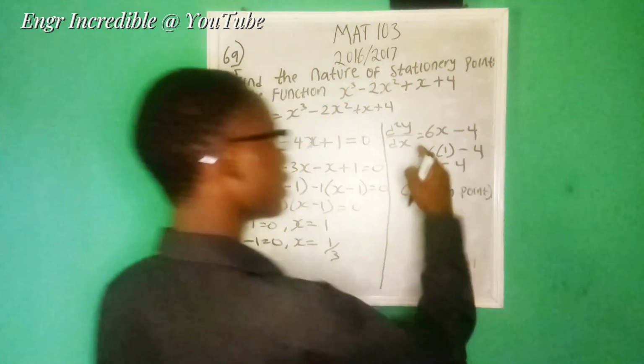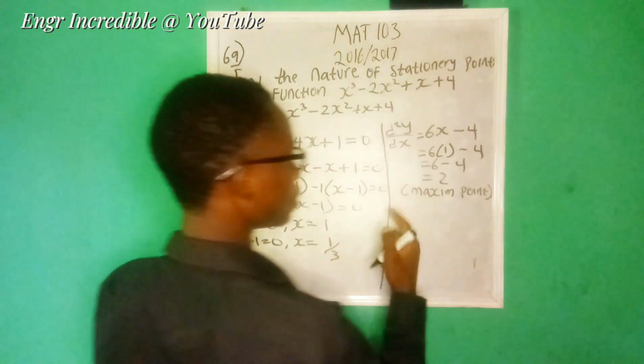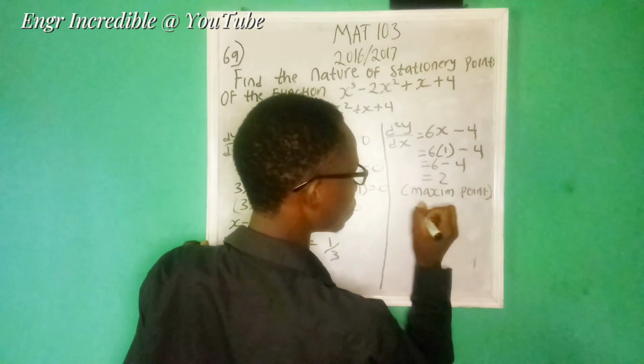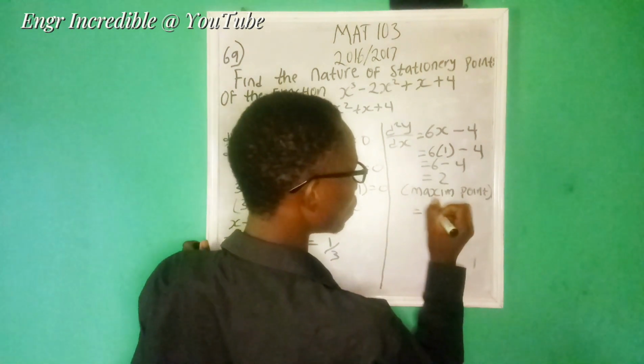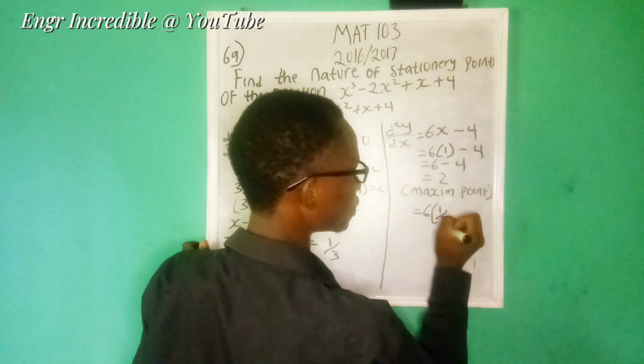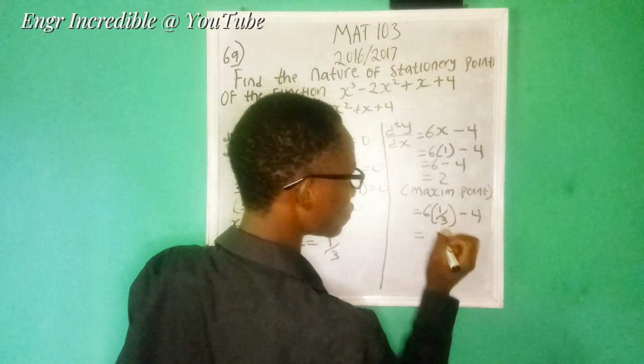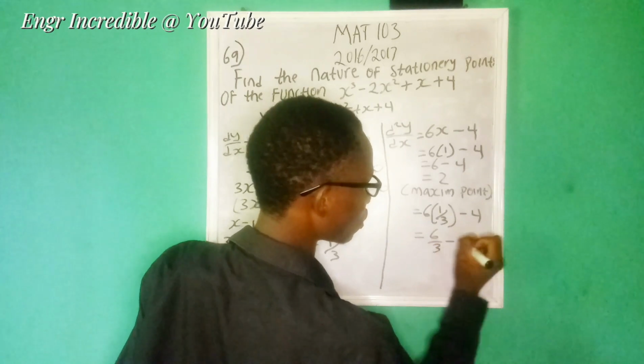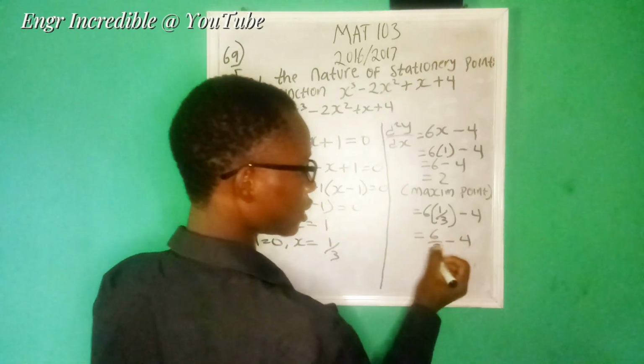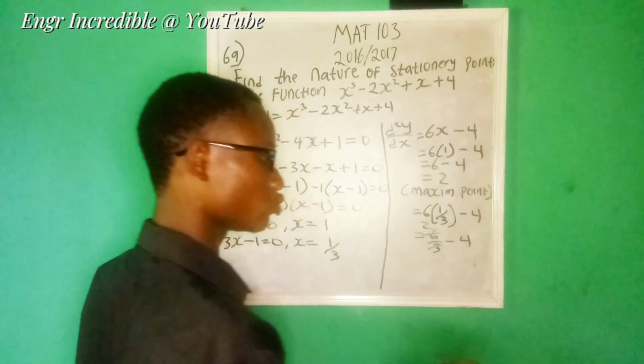But when x is equal to 1 over 3, let's go there. We have d square y dx square equal to 6 times 1 over 3 minus 4. From here we have 6 over 3 minus 4. 6 divided by 3 is 2.